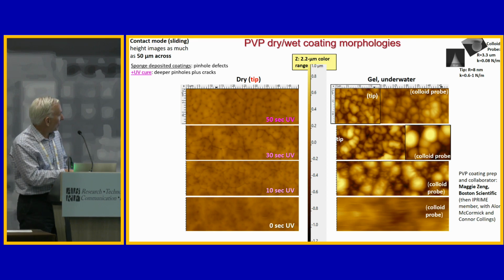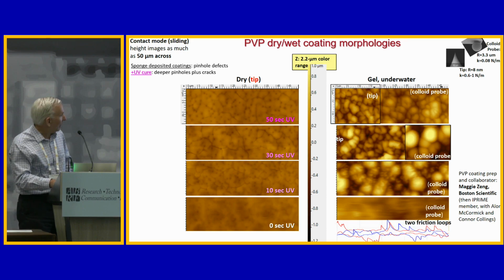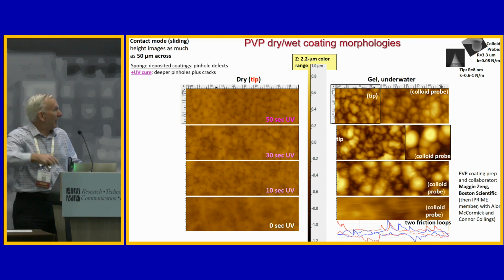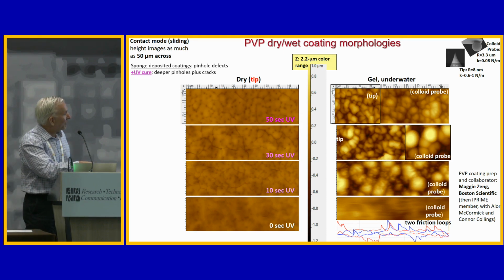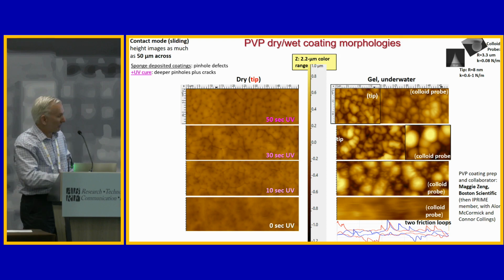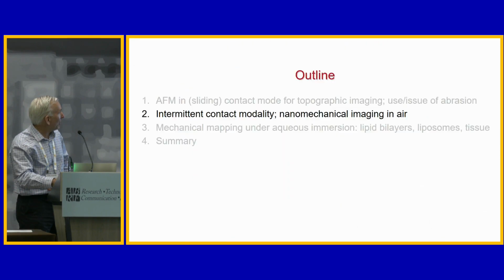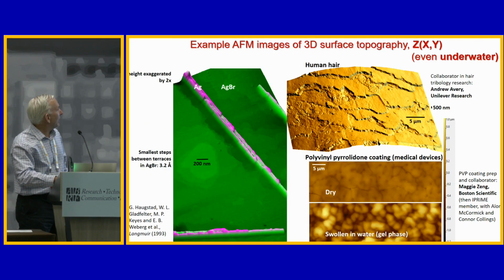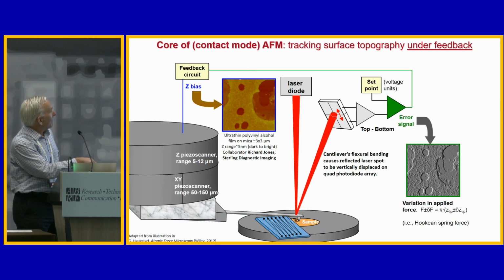What's also cool is if you go to the uncross-linked case, the non-cured case, and you slide the tip over and back, you can actually pluck the individual polymer strands. You can stretch, snap as you go back and forth. Whereas when you look at the friction data up here, it doesn't have these kinds of stretches and snaps. By the way, the way you get the friction, if I go back to that schematic slide, is the left to right.